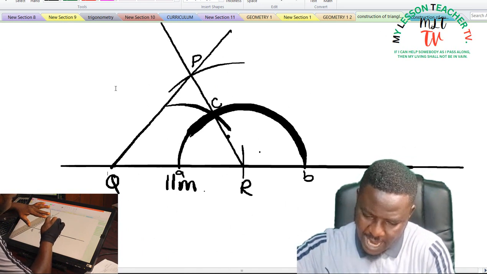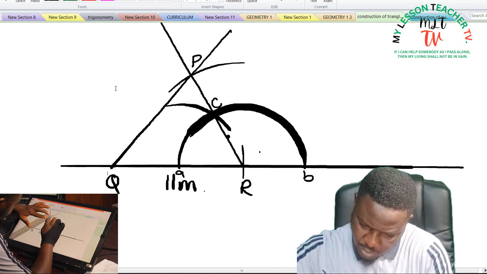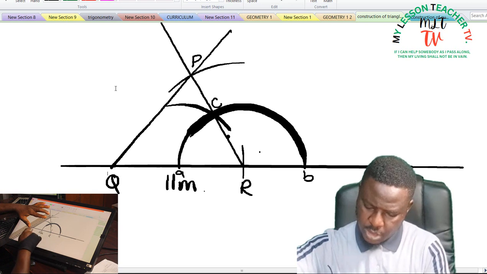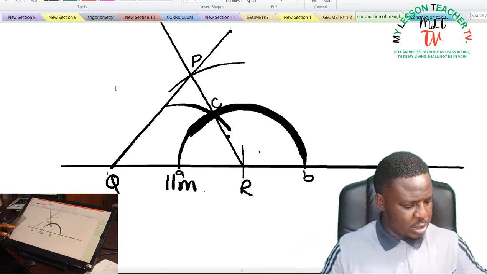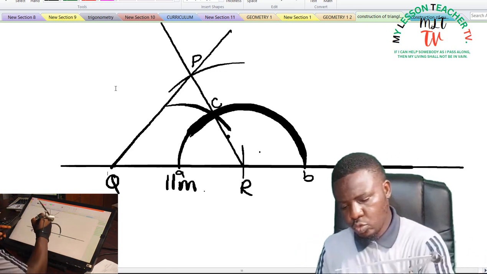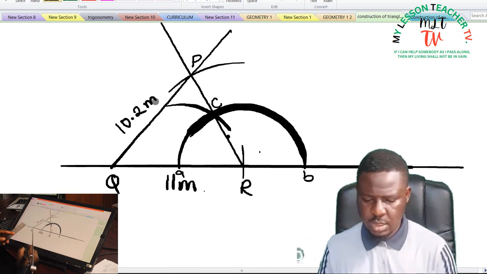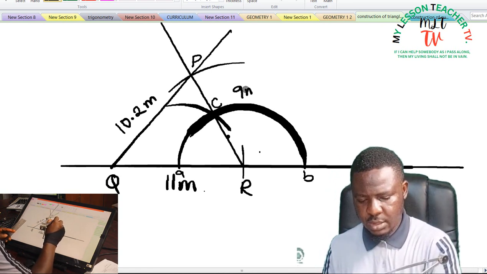So with P on mark 0, I have it that from my own construction, it is said to be 10.2. So this is given as 10.2 meters. Okay, this is said to be 9 meters.